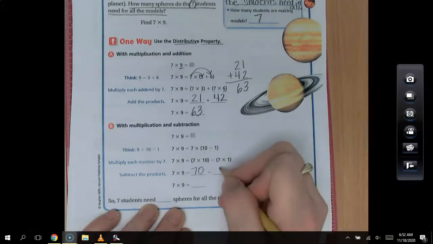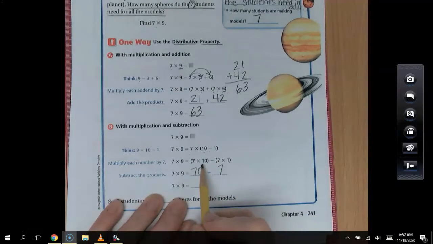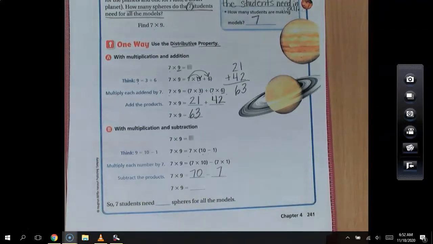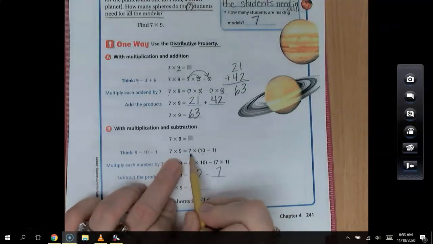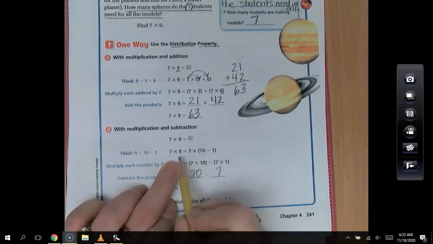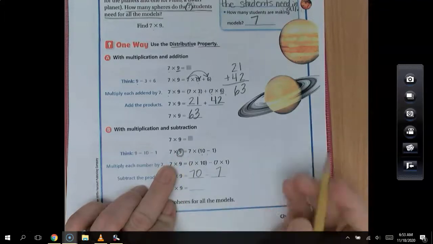So 7 times 1 is 7. Now, I have to subtract it because remember, boys and girls, we are trying to find multiples that are easier to multiply, okay? So I know that 10s are easy to multiply, but I had to subtract my 1 because 9 is 1 less than 10.